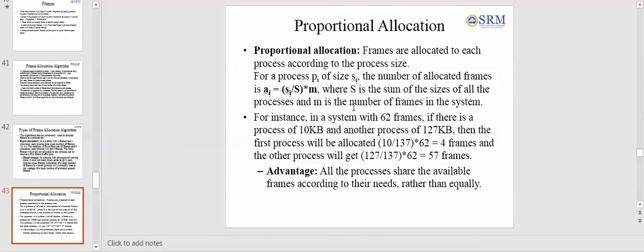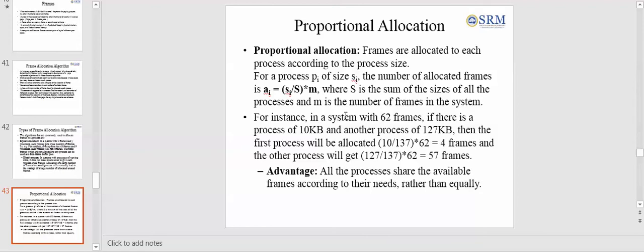Next, proportional allocation: frames are allocated to each process according to the process size. For a process of size si, the number of allocated frames is ai = si / S * m, where capital S is the sum of the sizes of all the processes and small m is the number of frames in the system.